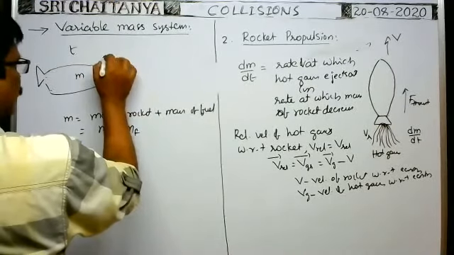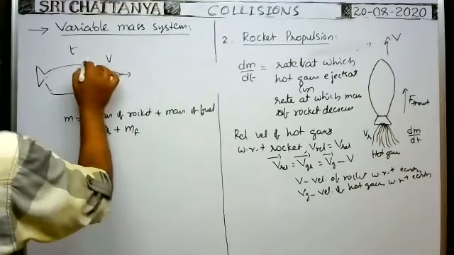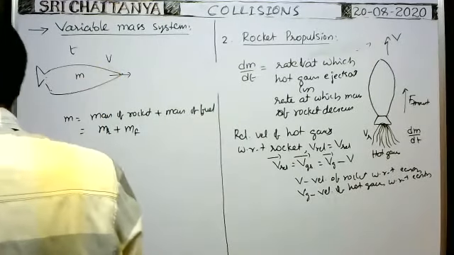At time t, the velocity of the rocket is say v.